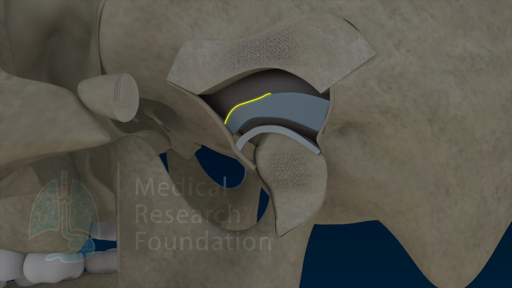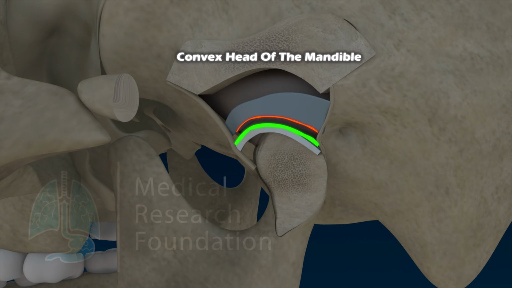Thus, its upper surface is concavo-convex, from before backwards, and its inferior surface is concave. The concavo-convex superior surface fits against the articular eminence and the concavity of the articular fossa. The lower concave surface fits with the convex head of the mandible.